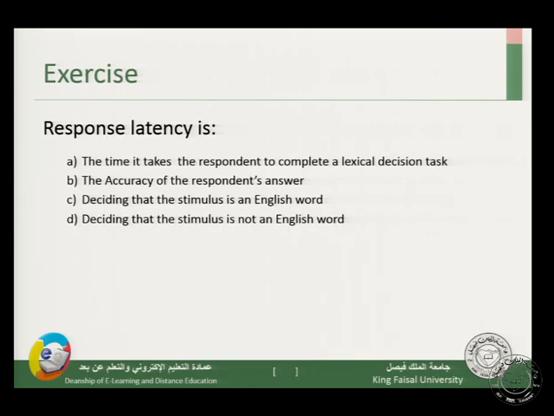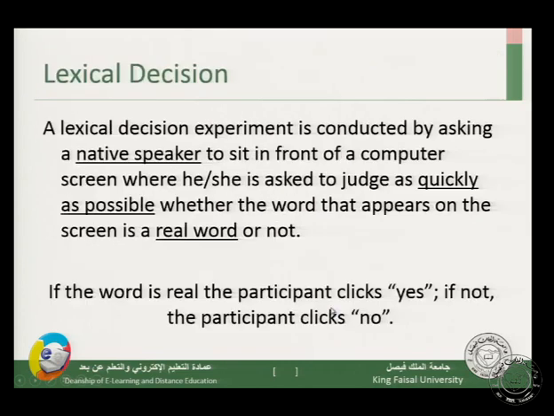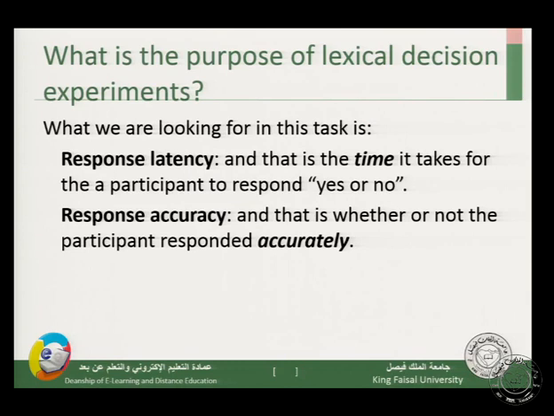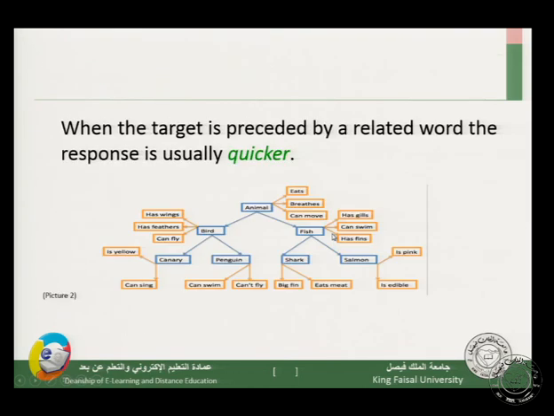Okay? If you chose the first item, which is the time it takes the respondent to complete a lexical decision task, your response is right, your response is accurate, because if you look at this slide, we will see that response latency is the time it takes the participant to respond either yes or no. Okay?